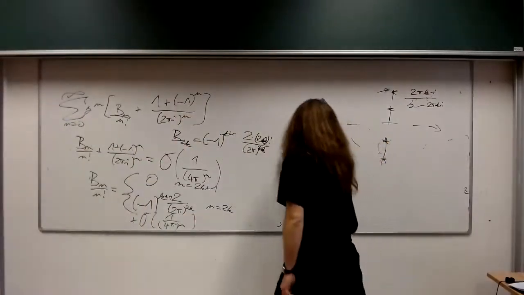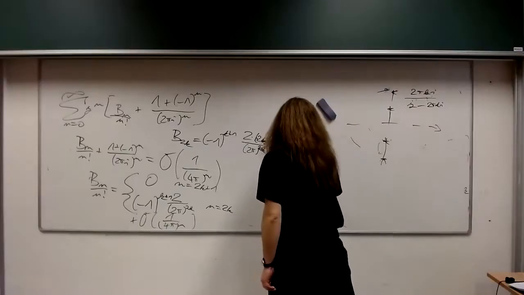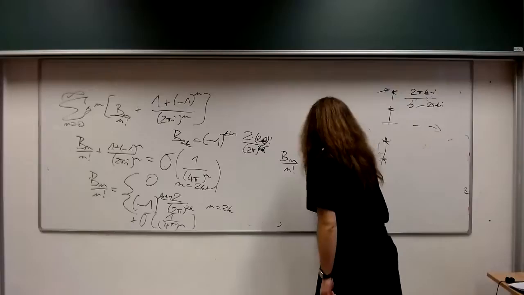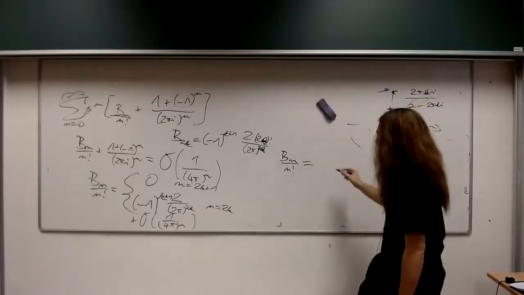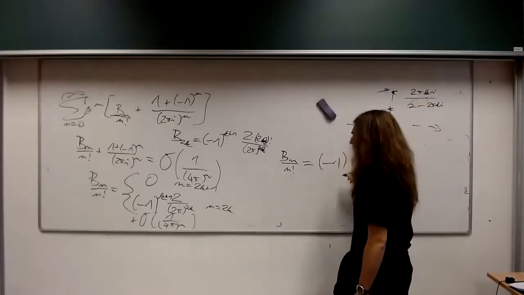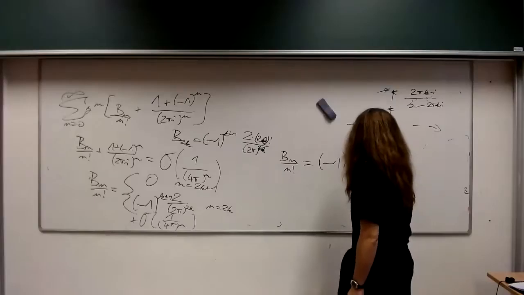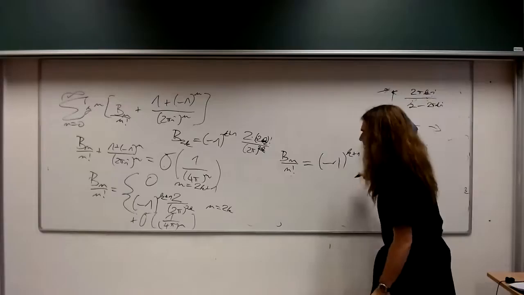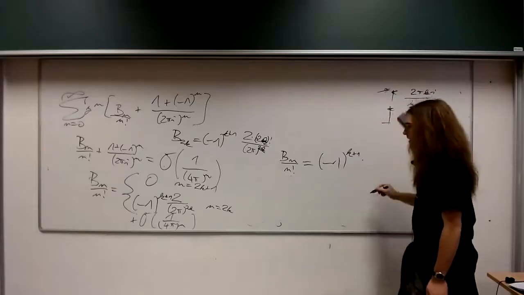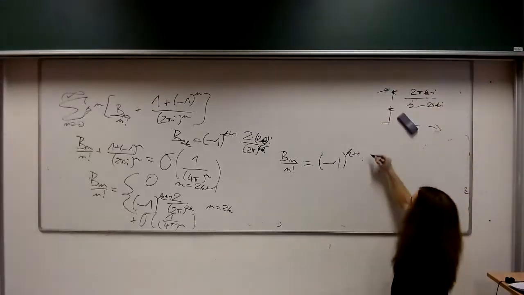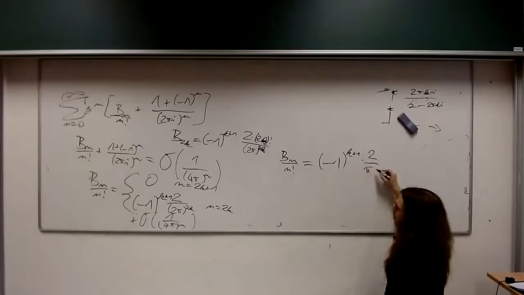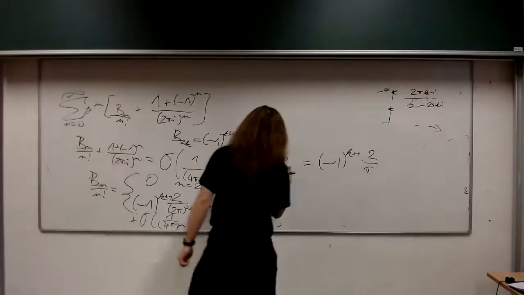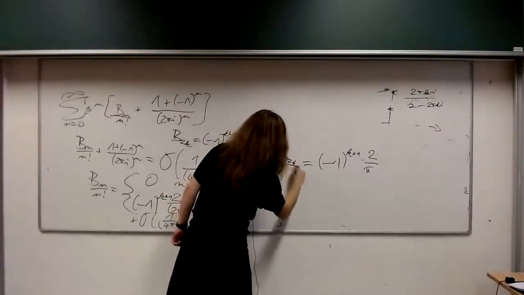And finally, we will get that Bn over n factorial should be equal to minus 1 to the k plus 1 times, and now we just get the 2 and the pi to the, I'm sorry, I just messed up these things again.